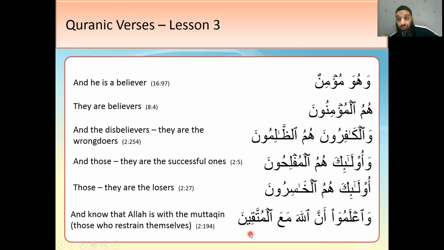What made it majroor? Ma'a is one of those words that makes the next word majroor, a majroorifier, if you want to call it that. If it comes in front of a noun, it makes the noun majroor. You don't need to know for translation purposes, but that's what's going on there. So it's become majroor, muttaqina. If ma'a wasn't there, then the story would be different.